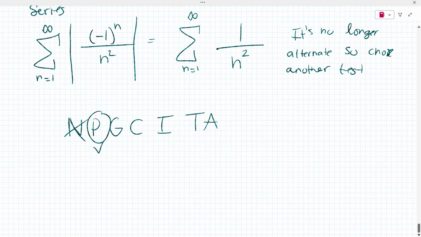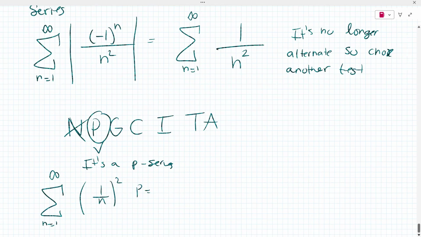It's definitely a P series. I believe our P is going to be 2, which is greater than 1, so we know it converges.